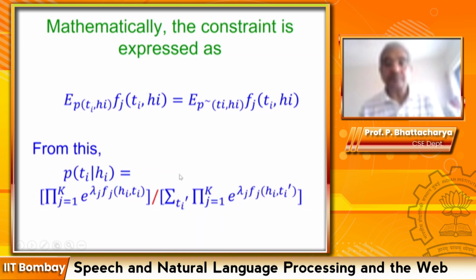First of all, we want to maximize the entropy of the situation, with the constraint that the expected value of the features from the model is equal to the expected value of the features empirically.